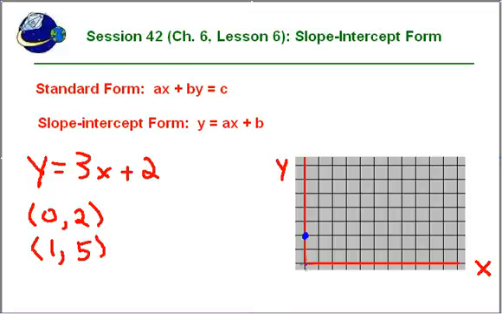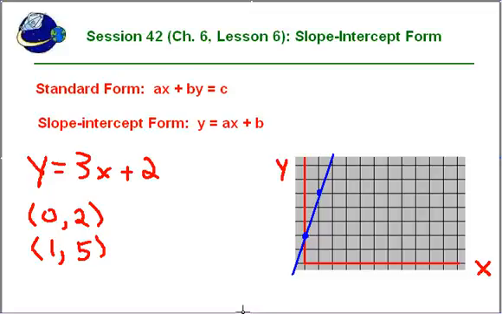So we come to our origin, we come over 1 for the x, and then we go up 5. 1, 2, 3, 4, 5 for the y. Then I'm going to connect these points to create the line. Here is the graph of the line.